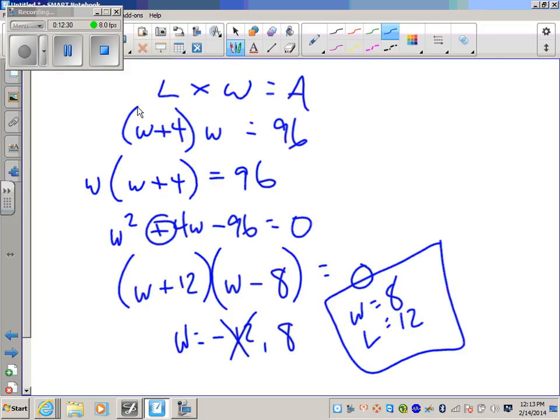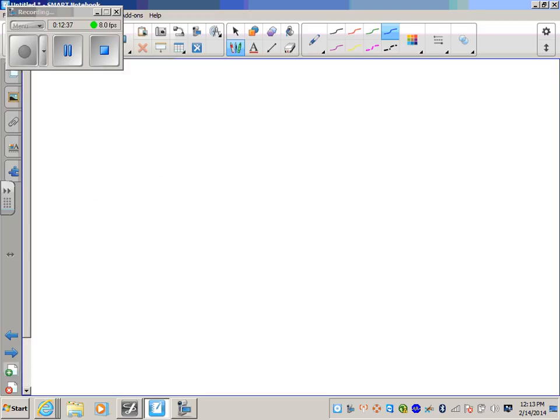Number 3. Again, length and width. The width of a rectangle is 9 meters less than its length. So L minus 9 equals 7. Try it.